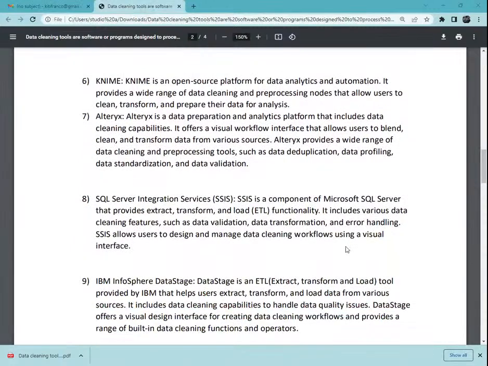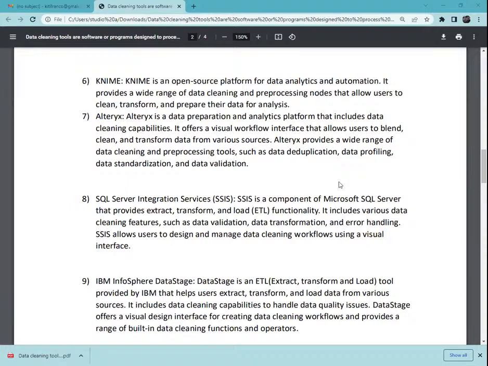And then now, ladies and gentlemen, we have SQL Server Integration Services, SSIS. The famous SSIS is a component of Microsoft SQL Server that provides extract, transform, and load. You can see, just like what Power BI does: extraction, transformation, and loading.